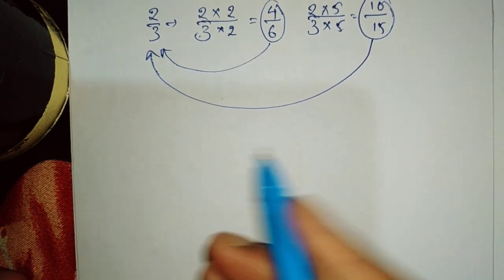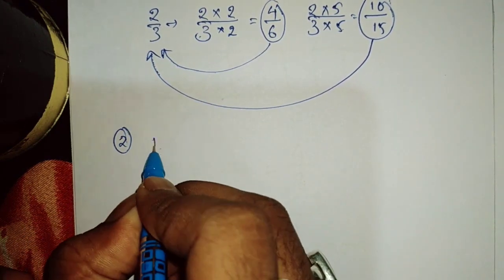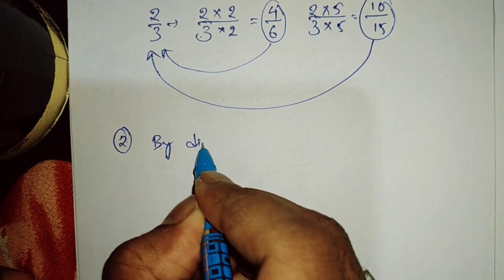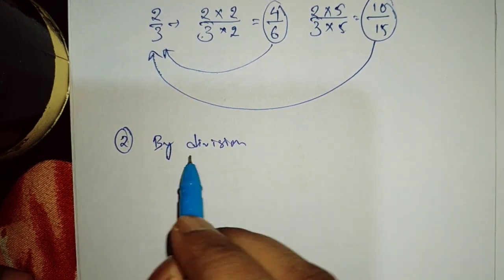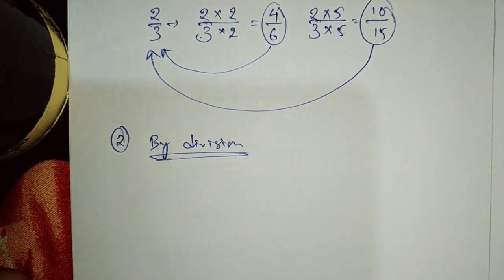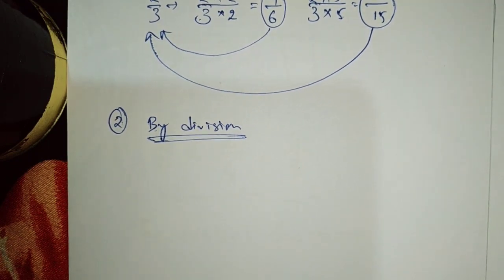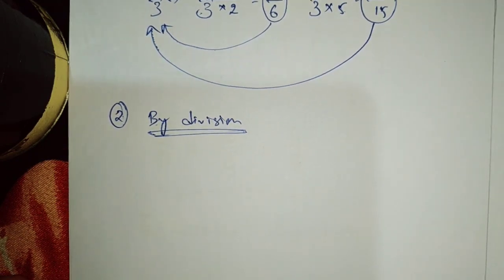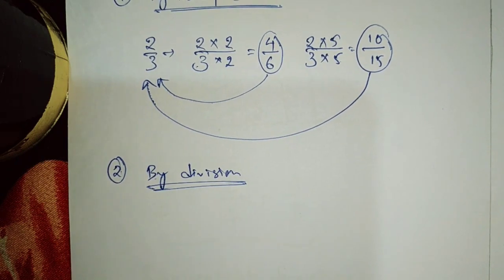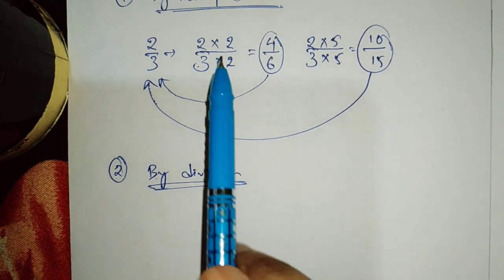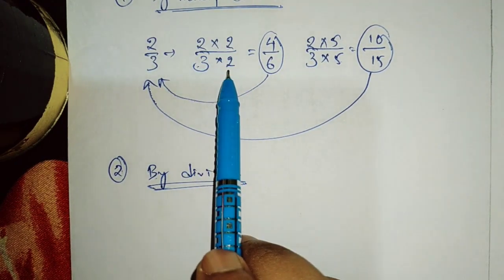Now let's talk about division. How to find equivalent fraction by division? In division also the process is same, just we have to do division in both numerator and denominator with the same number.